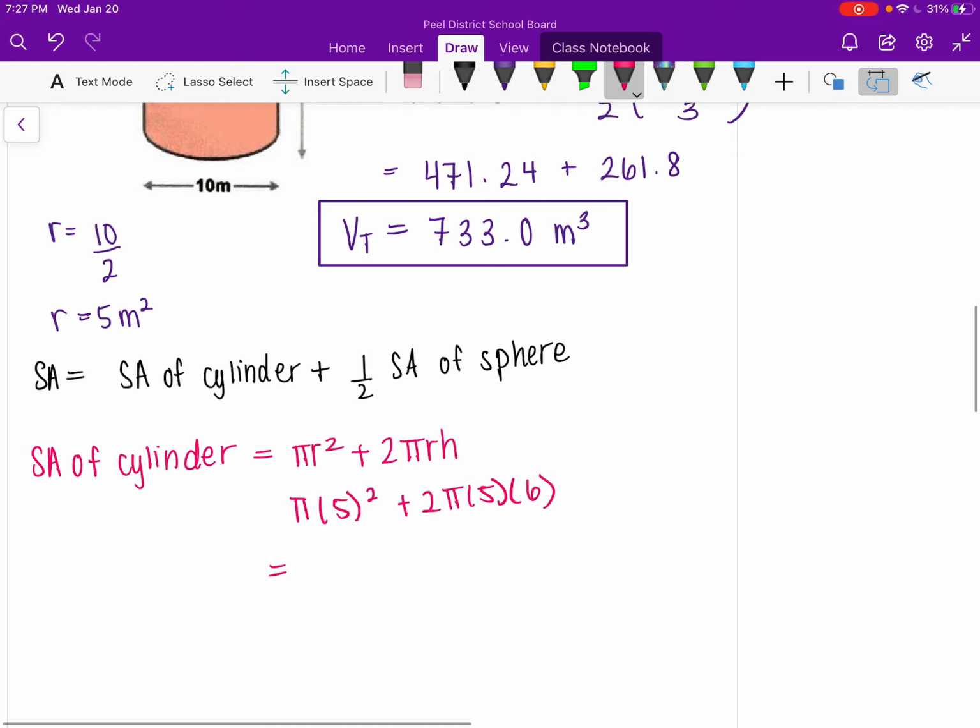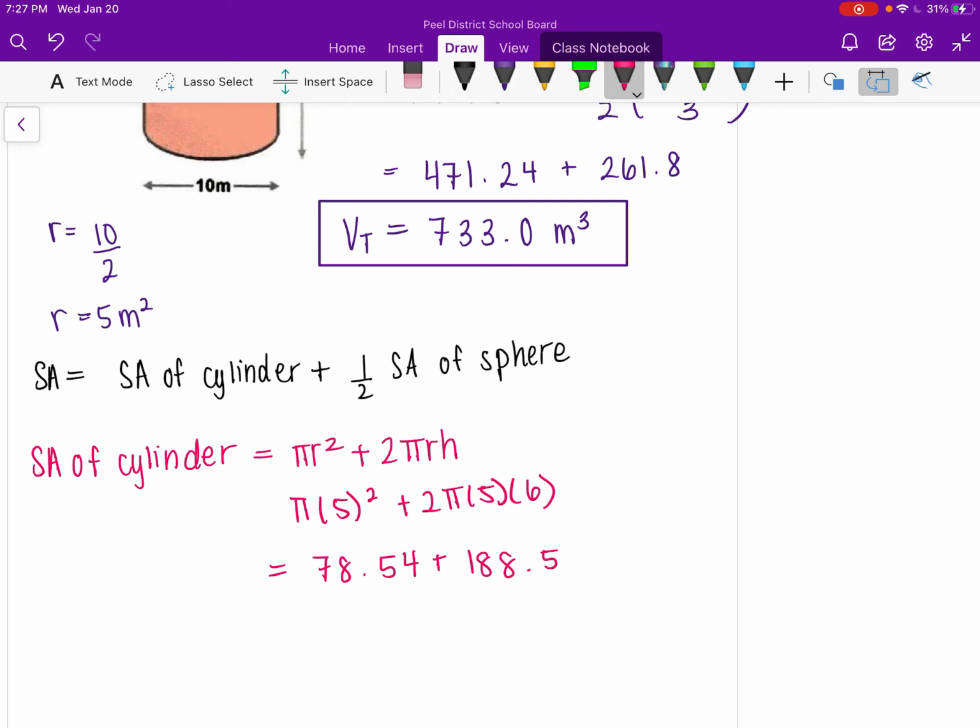So we have 5 squared is 25 times pi. It's going to give me 78.5398. I'm going to leave it as 78.54 just because we have a lot of numbers now. 5 times 6 times 2 pi is going to give me 188.495.